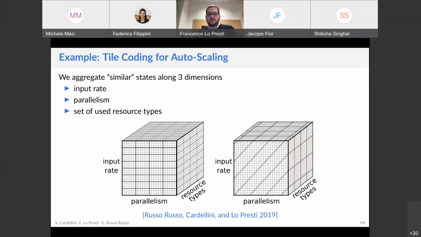We consider 2 tiling configurations. In the first one, we used all rectangular shaped tiles, while in the second one, on one surface of this 3-dimensional tiling, we consider diagonal stripes that aggregate states where the input rate per replica is similar. So states that have a similar utilization level.